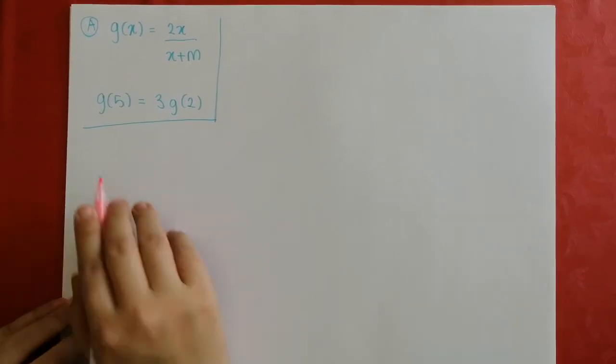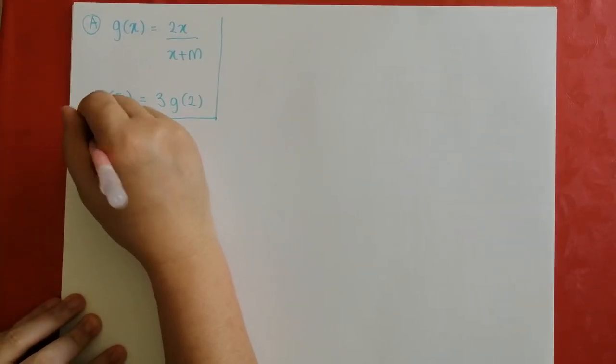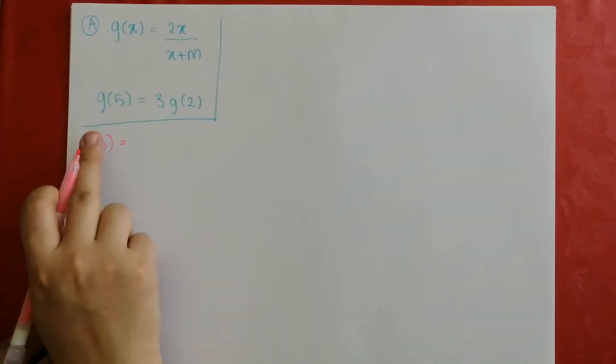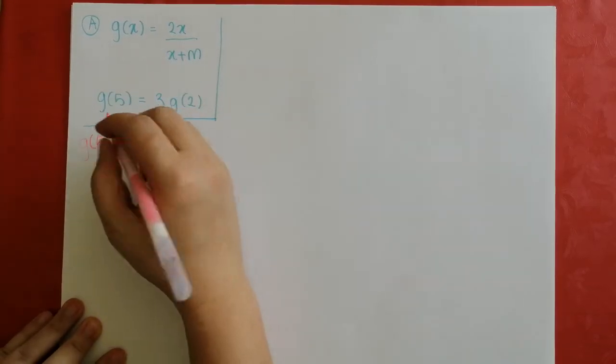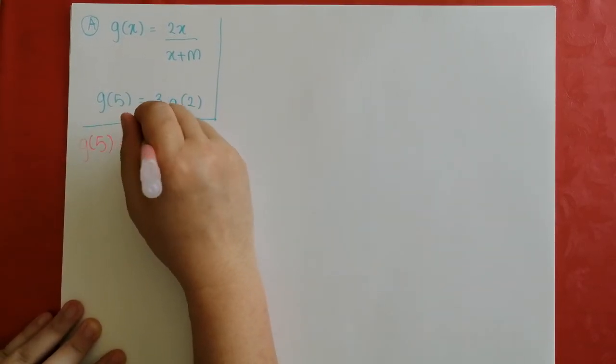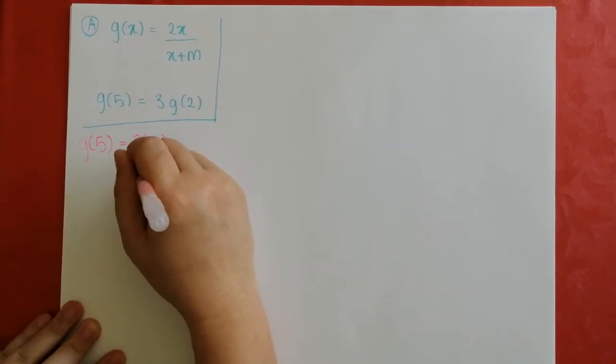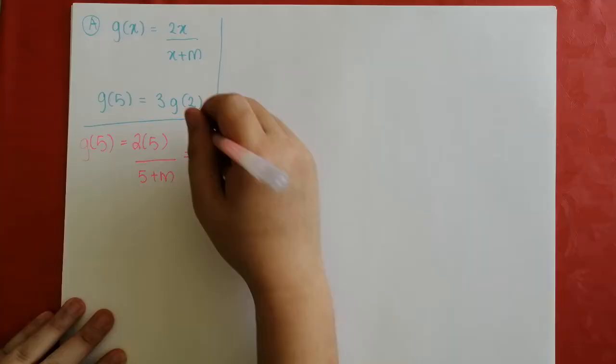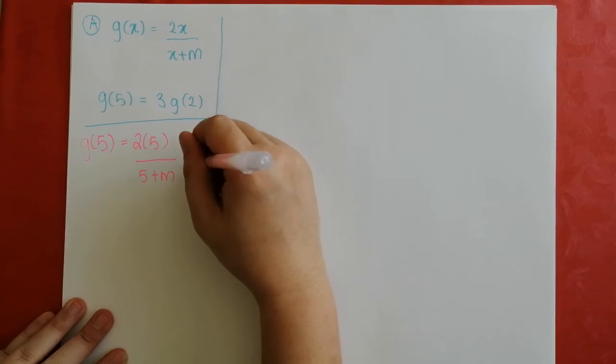So let's start with g of 5. g of 5 means you are changing x to 5. So from there you will have 2 times 5 over 5 plus m, which you can simplify to become 10 over 5 plus m.